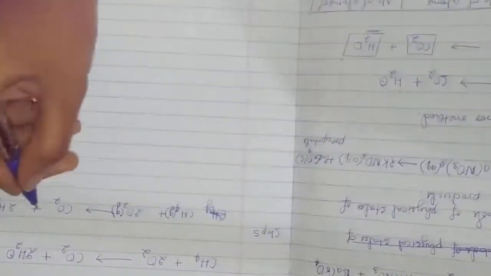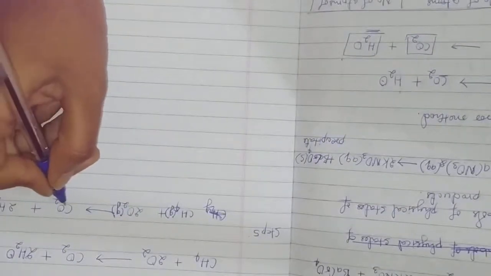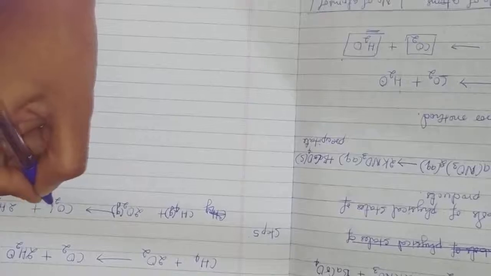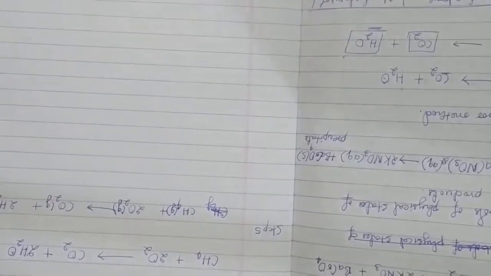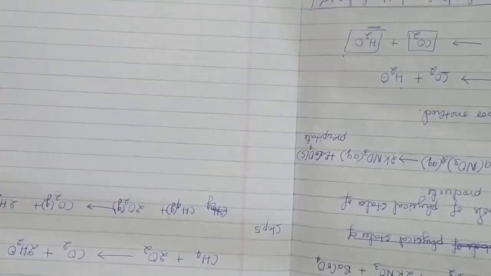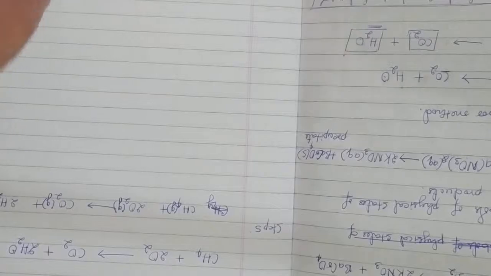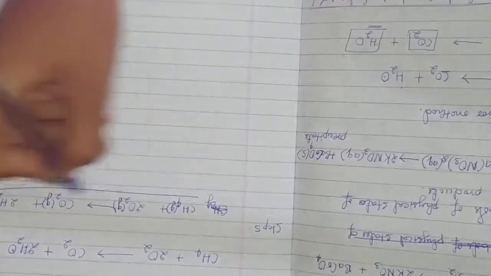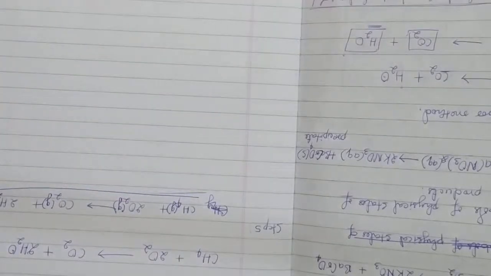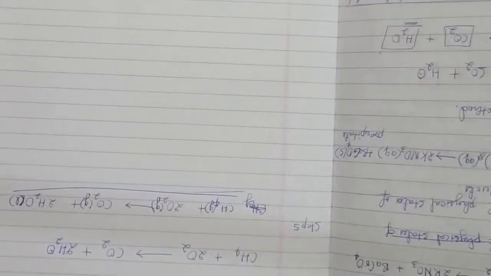To give the compound carbon dioxide and water. This carbon dioxide is also gas. This is water, it is liquid. So we will write L inside the bracket. Here we balanced this chemical equation. Like this we have to balance the chemical equations.